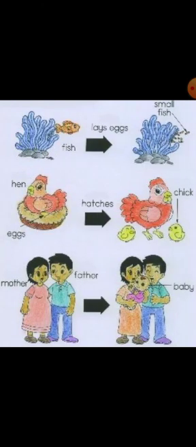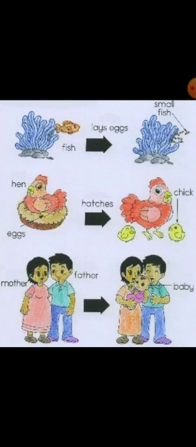All living things have the ability to reproduce. They can reproduce young ones of their own types. See the picture of mother and father, and in the second one they have their baby. So a hen lays eggs, they hatch, and the chicks come out from the eggs.